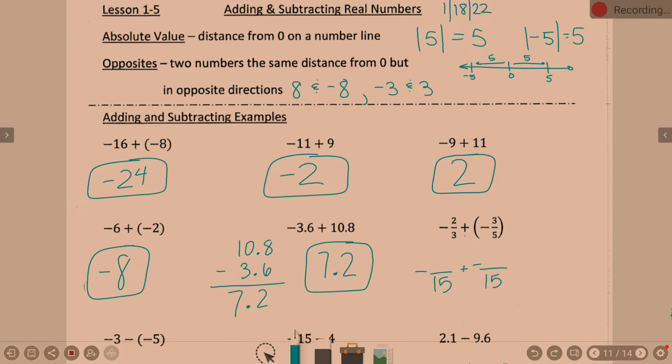We're going to do 3 by 5. Now, if I multiply 3 by 5, what you do to the denominator, we're going to do to the numerator, the top. And 2 times 5 is 10.